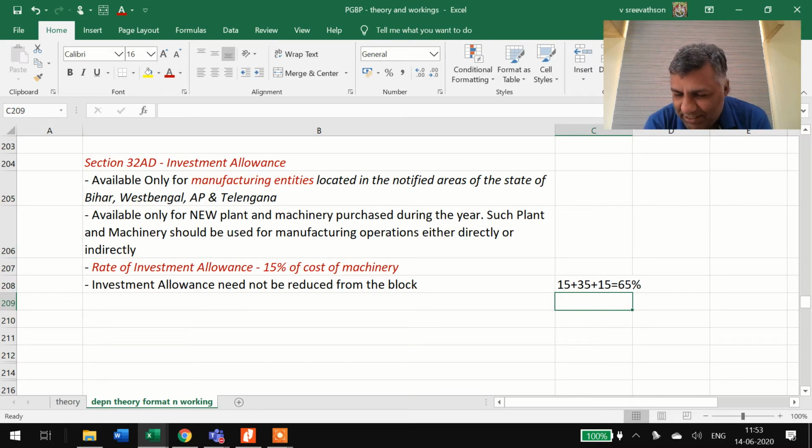It's with 31st March 20, it's over. For students who are going to write May 21, this is not there. That 35% is also not there. This 15% is also just for your knowledge purpose. It has been scrapped now.